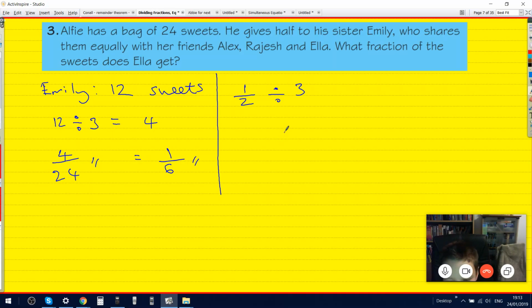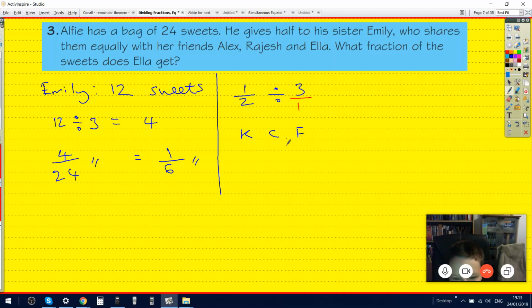Well, you would use the keep change flip method. And so you would flip the 3, but it's just a whole number, so instead you would turn it into a fraction by writing down a 1 beneath it. And then you flip that, which becomes 1/3.